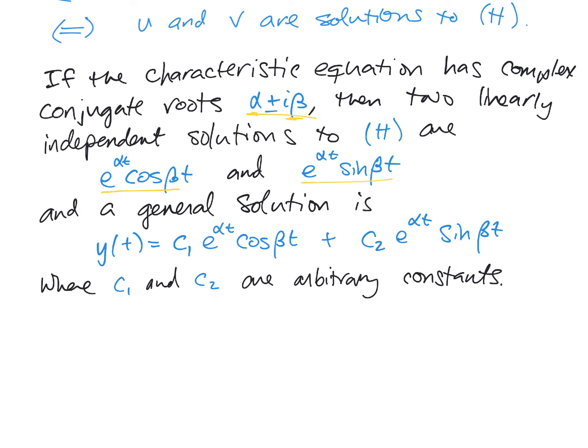And then, now that you have your two linearly independent solutions, you get a general solution given by this formula, where it's the familiar C1 times your first function plus C2 times the second function.